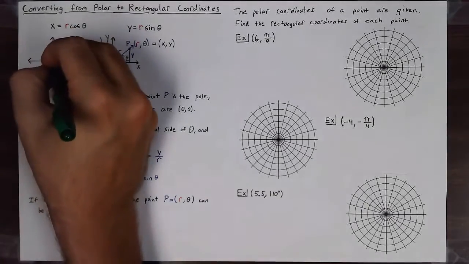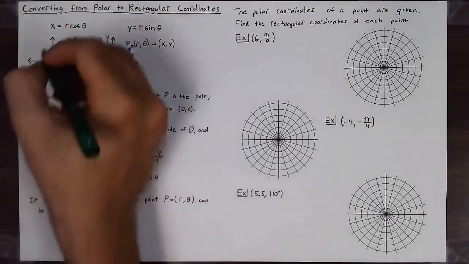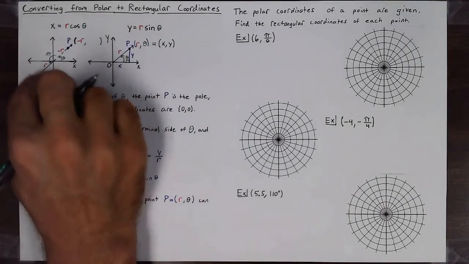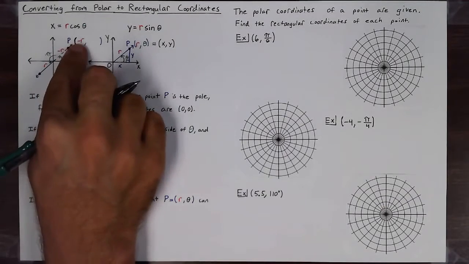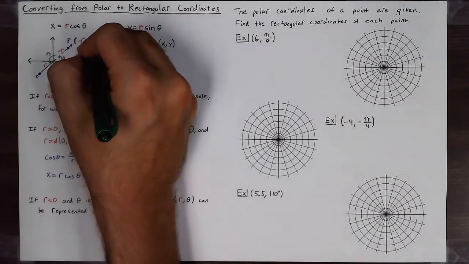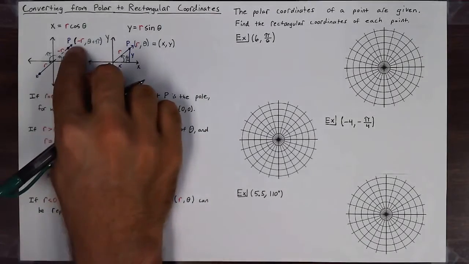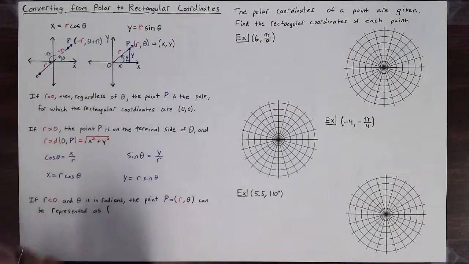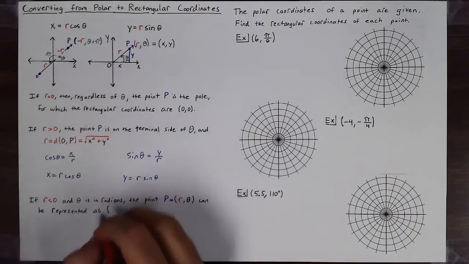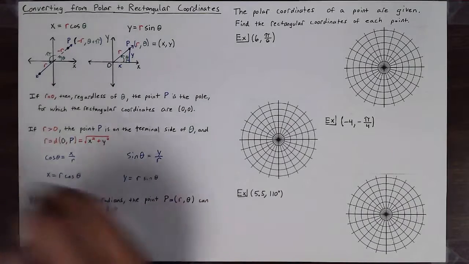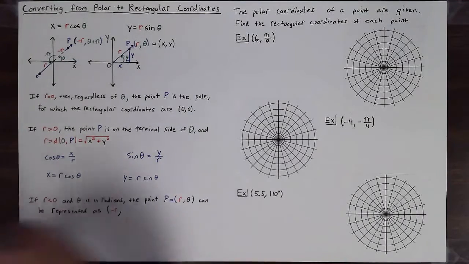To get that angle all the way out here, I need to add another pi rotation. So that point would be (negative r, theta plus pi). So I can use the negative radius to go back to the same point, and represent it as (negative r, theta plus pi).